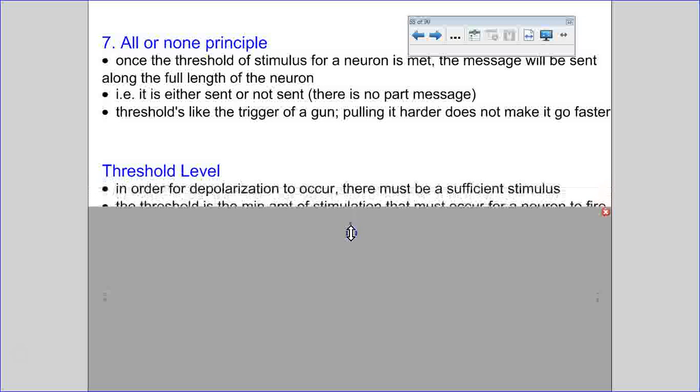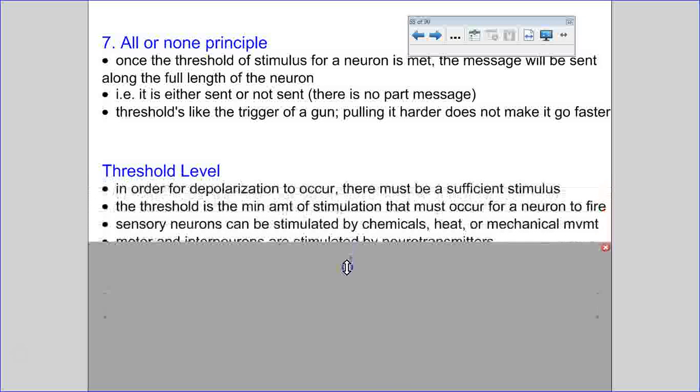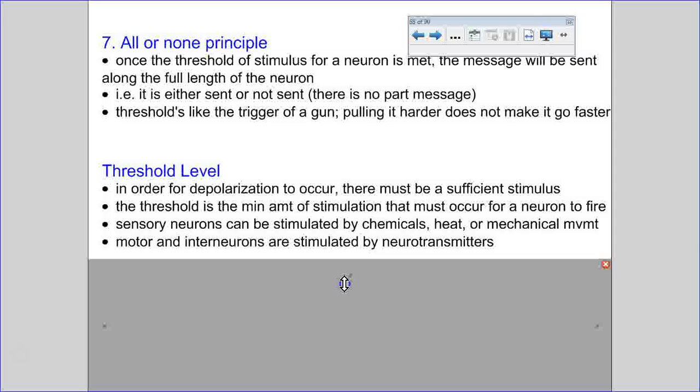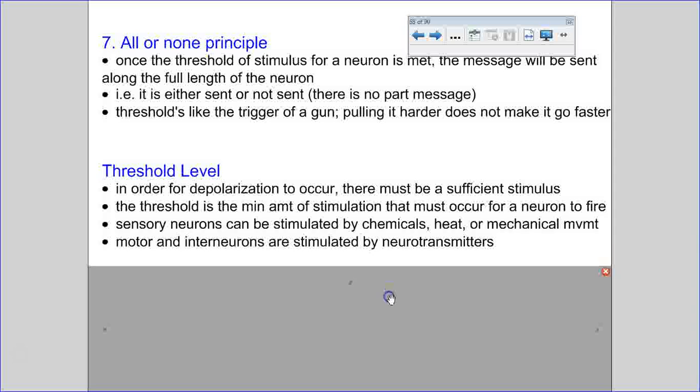Threshold level is basically the minimum amount of stimulation that has to occur in order to bring about depolarization of a neuron. They can be stimulated by chemicals, by heat, mechanical movement, or by neurotransmitters that are released from earlier neurons.